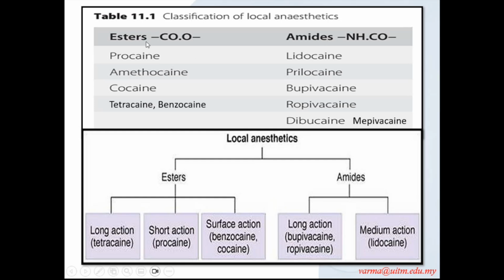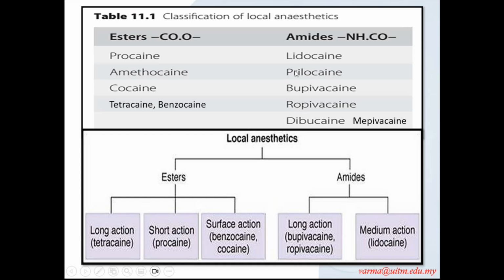The ester group is procaine, amethocaine, and cocaine. The other two are tetracaine and benzocaine. And amides are the ones commonly used in our medical practice, which are lidocaine, ropivacaine, bupivacaine, prilocaine, dibucaine, which is used as a test LA to determine your plasma cholinesterase deficiency, and mepivacaine.